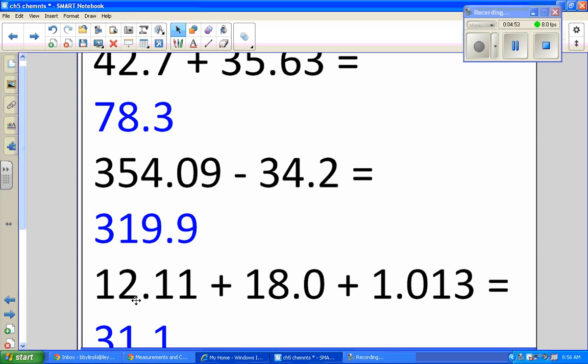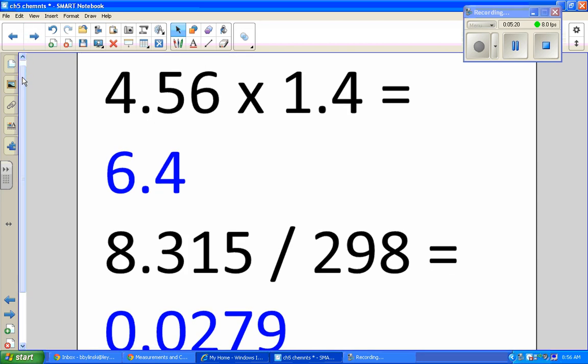In my calculator, it's reading 31.123. Why is my answer, if you can see it, 31.1? The reason is 2 decimal places in 0.11, 1 decimal place in 0.0, and 3 decimal places in 0.013. So the least amount is 1 decimal place, so you need to round that to 31.1. So adding and subtracting is based on the place of the decimal.